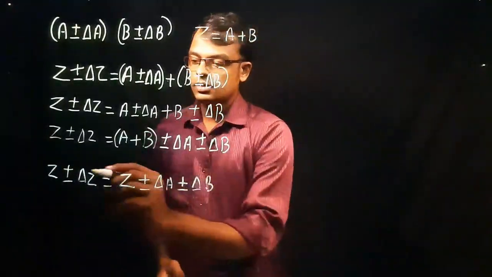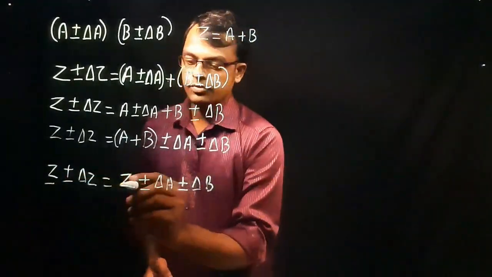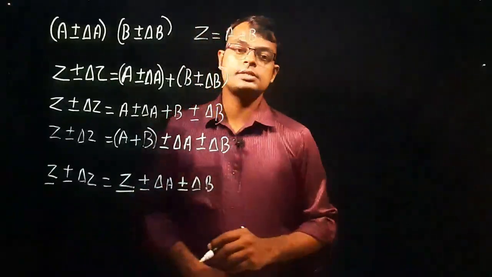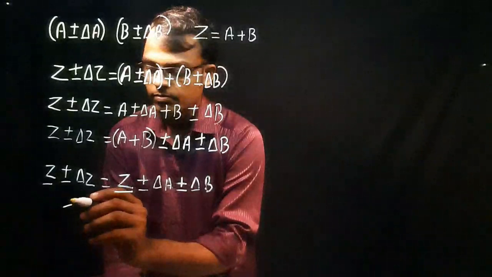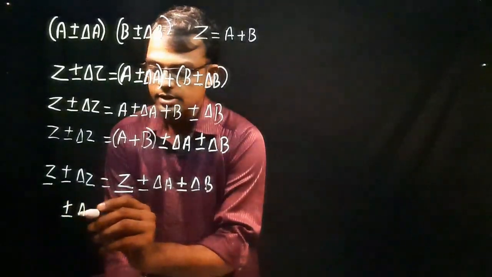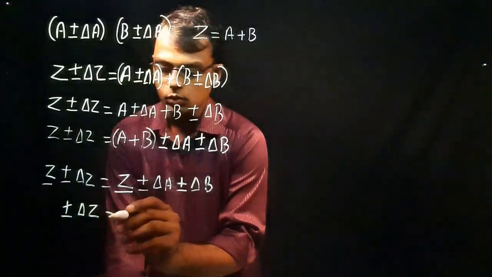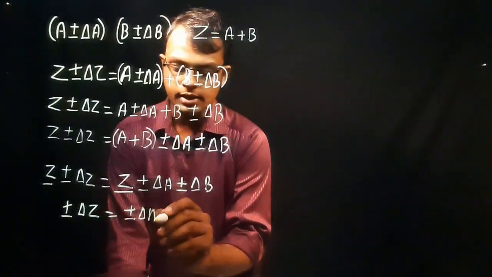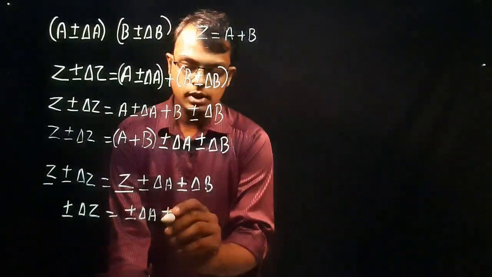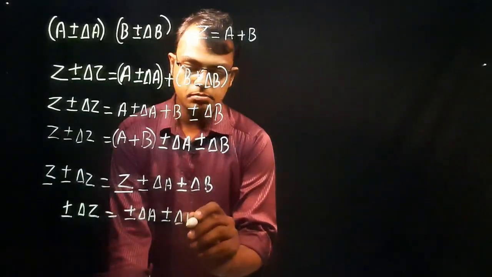Correct. Here this z, if you take it to the other side, z will cancel. So we can write here plus or minus delta z is equal to plus or minus delta a plus or minus delta b.